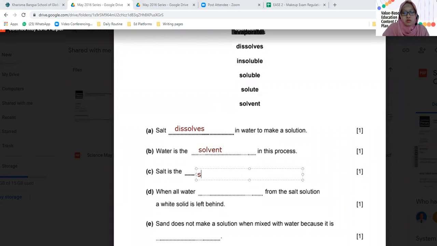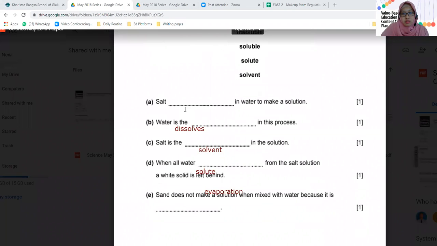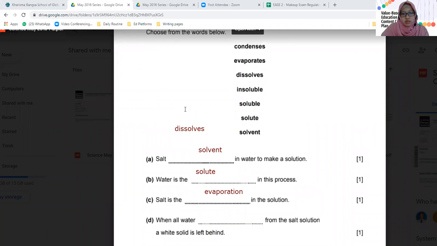Salt is the solute. When all the water evaporates from the salt solution, a white solid is left behind. This is part of the evaporation process, and it produces crystal salt. Let me check, is there any evaporate? Oh, when all the water evaporates. I'm sorry, it's not a noun.